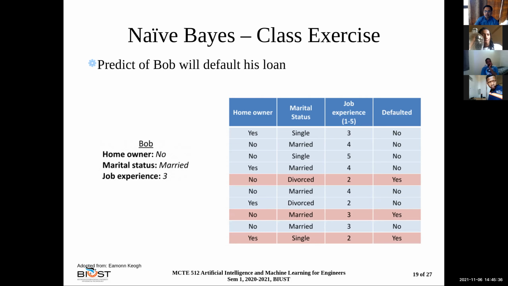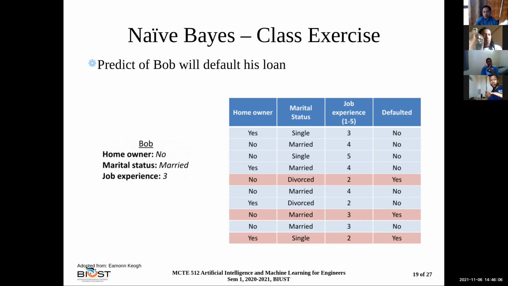So now let's concentrate on the several features of a person, a borrower. Here, Bob wants to borrow money from the bank, and the bank would like to know the probability that Bob will default on his loan. Default meaning he won't pay his loan.